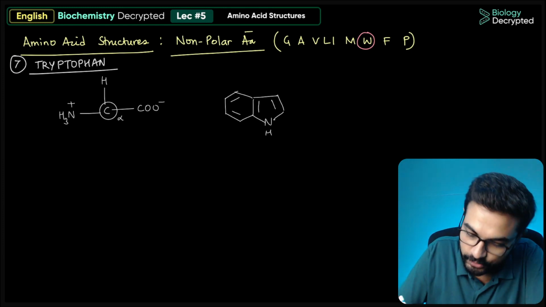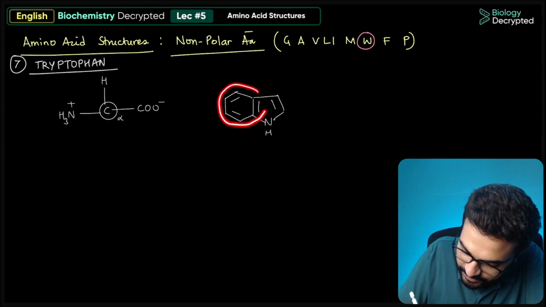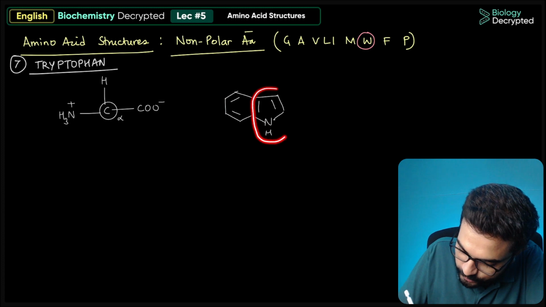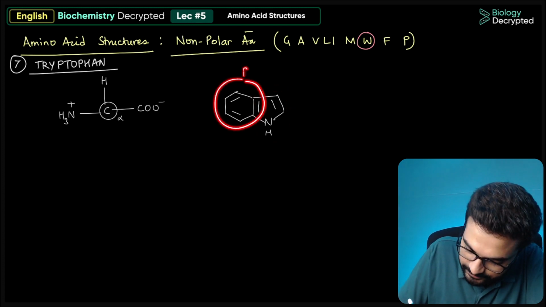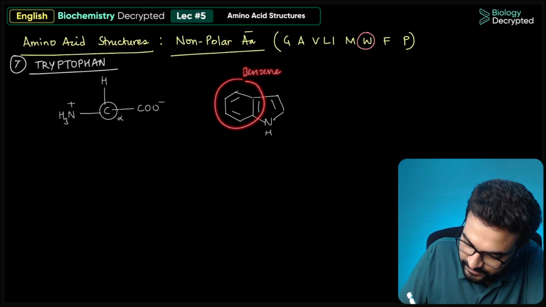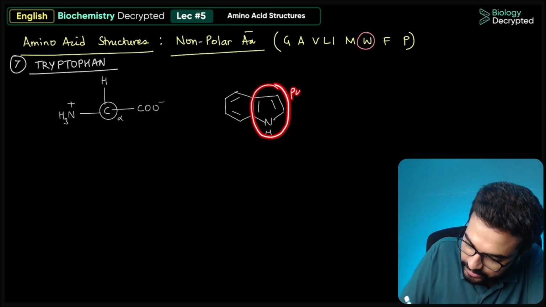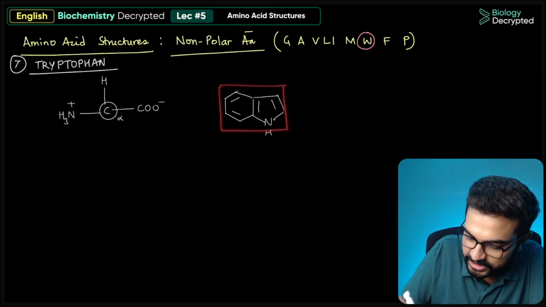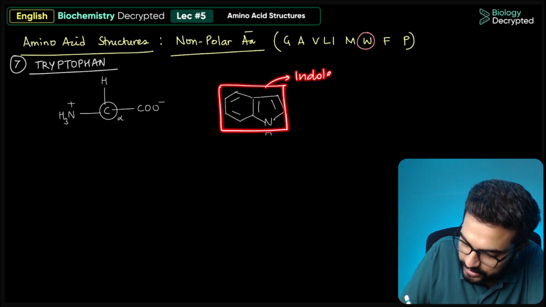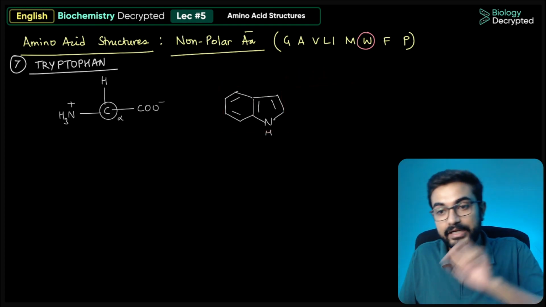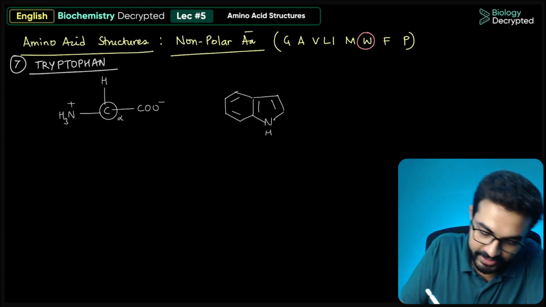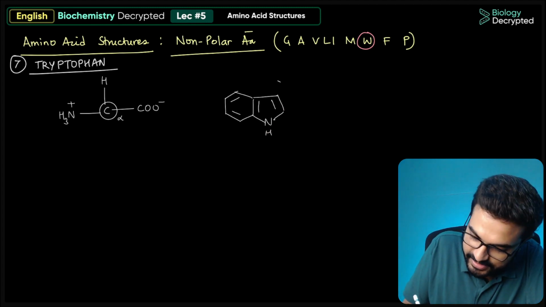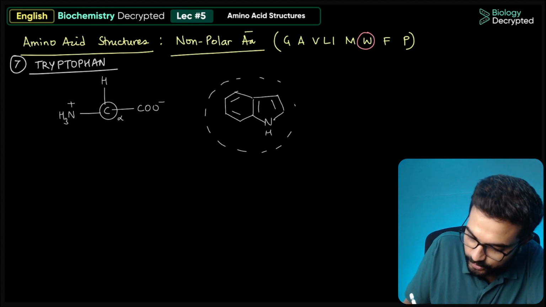As you can see, this part is the complete benzene part, and this is fused to this ring. This is benzene, and this part is actually pyrrole. When you fuse these two structures, what you get is indole. Here you get the indole ring, and this is very important. This is the structure of indole.